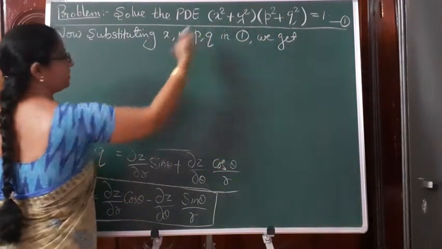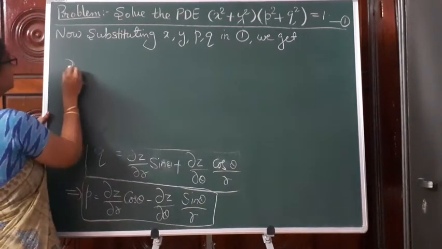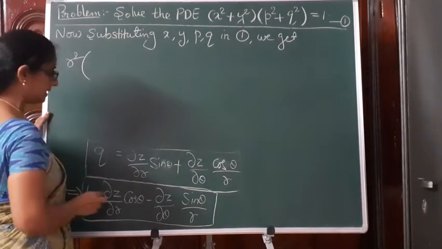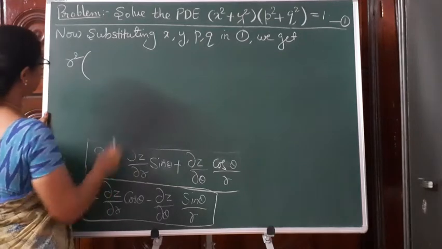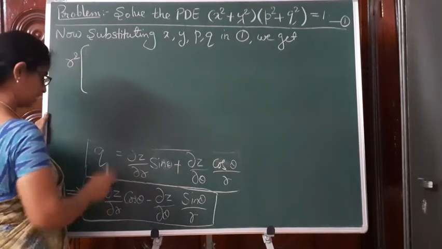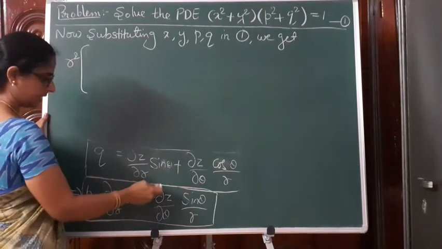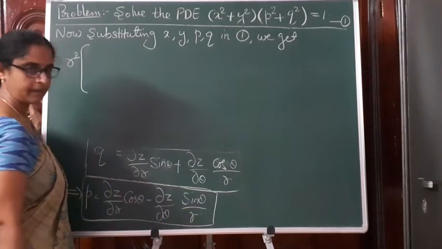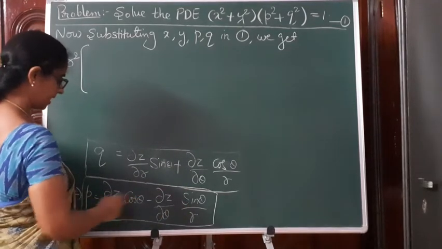Therefore, x square plus y square, we know, is r square into p square plus q square. What is p square? P is ∂z/∂r cos theta minus ∂z/∂θ into sin theta by r. So p square means a minus b whole square.